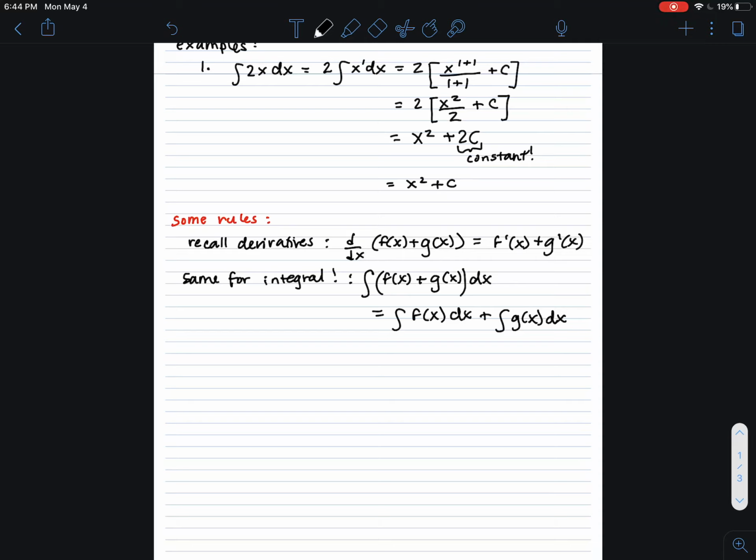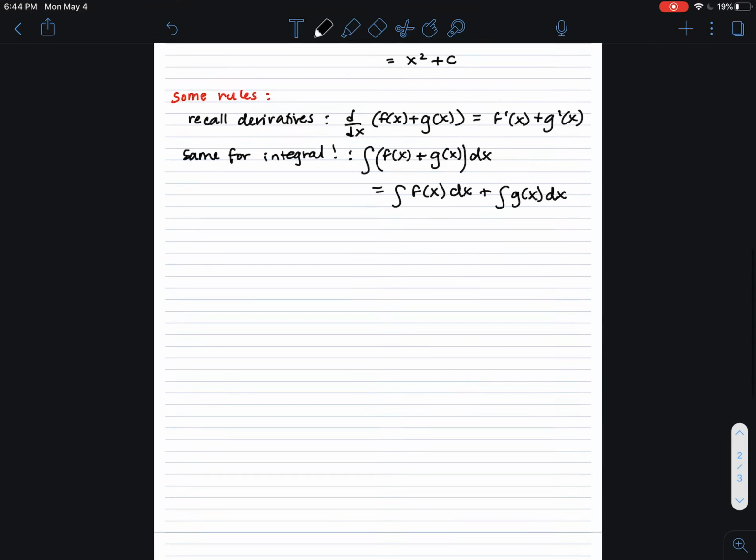I don't think they're very important, and in Calc 2, if you continue on, you'll learn how to find those more formally, and I just don't think it's worth your time right now since we don't actually have the tools. You just do your memorization, and I don't think that's helpful. So let's just do some more examples and then we'll end it for this video and I'll do a second part.